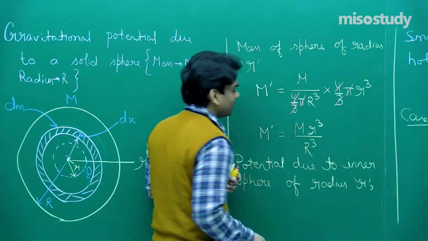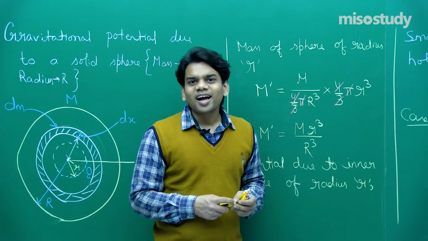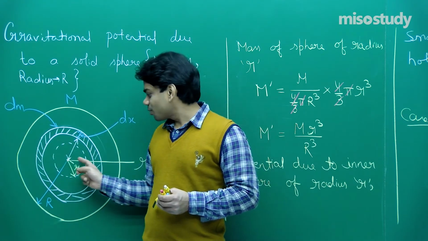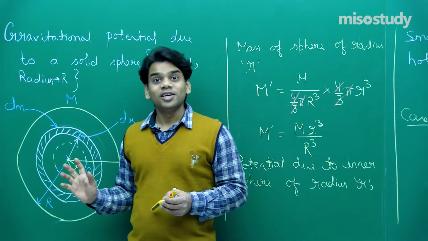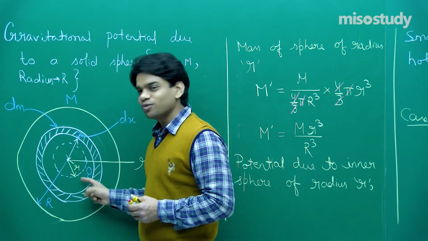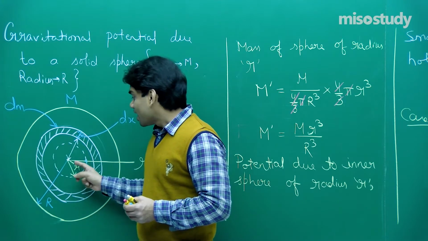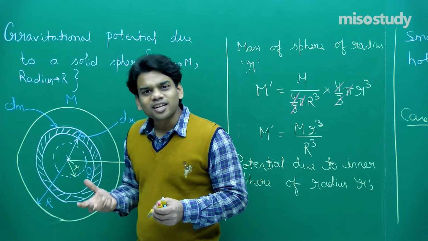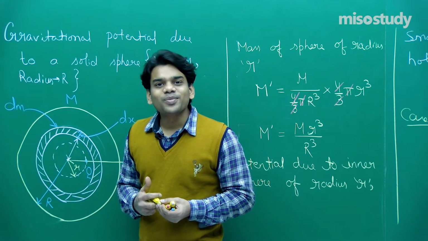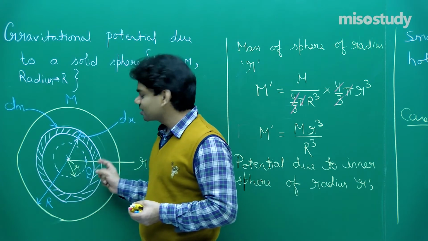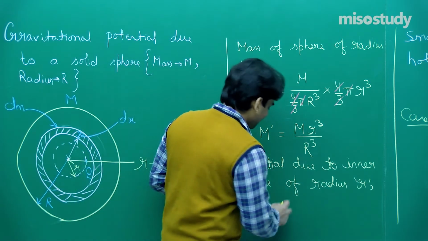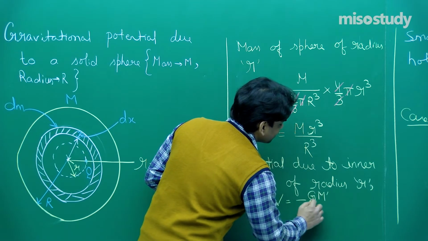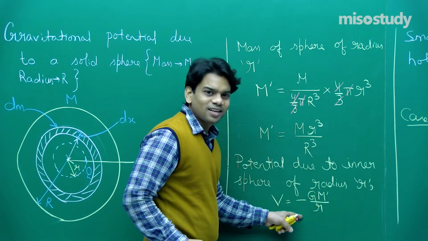This will come out to be V1, and this will act as a solid sphere whose external point you are required to find the potential. You can treat this dotted sphere, whose boundary I have shown you by this dotted line, as having this point on its surface, and this surface point can be treated as an external point. The formula which we are going to use is simply minus g m dash by this distance r. The potential will come out to be minus g m dash by small r. I hope that you all clearly can see till here.